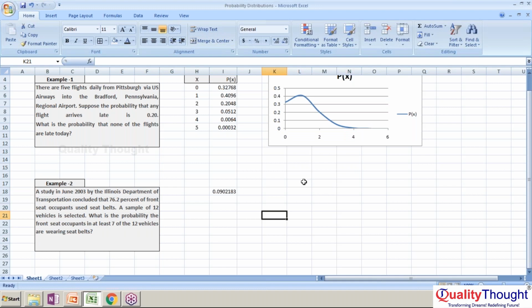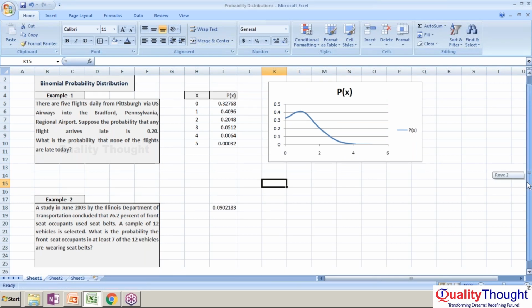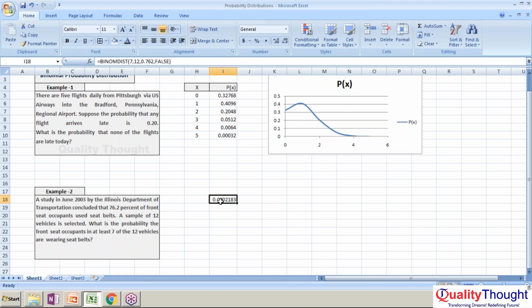Here we should clearly understand one thing, the given values. So this is for P of 7, right or wrong? This is for 7.